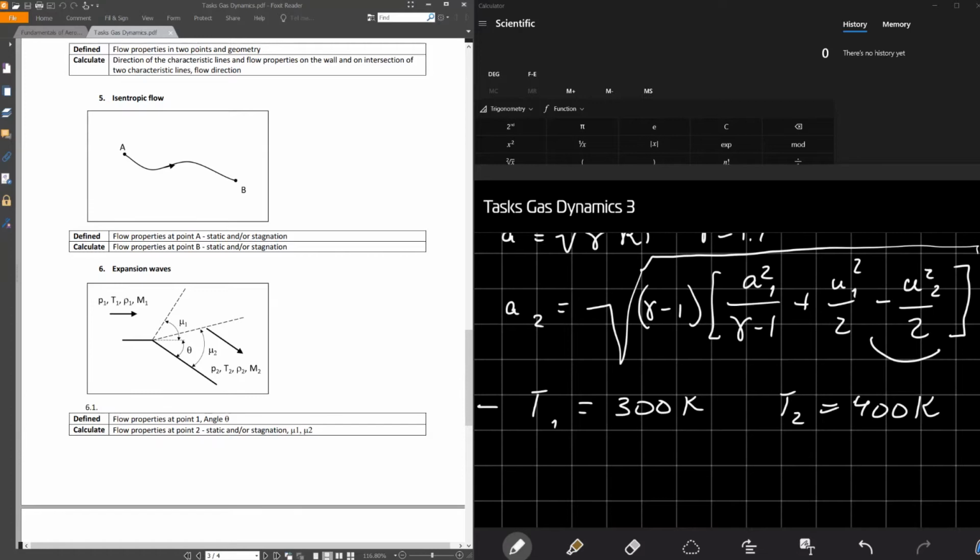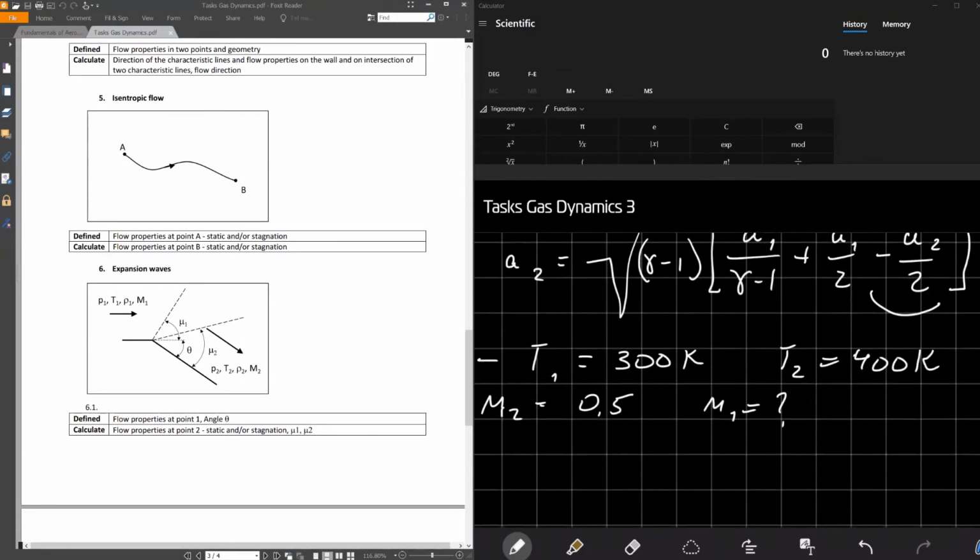And I know Mach number 2, for example. We can define any value, supersonic or subsonic. Let's take a subsonic value, since we are working in the isentropic region, so 0.5. And we are interested to know what is Mach 1 at point 1, or point A in this case.